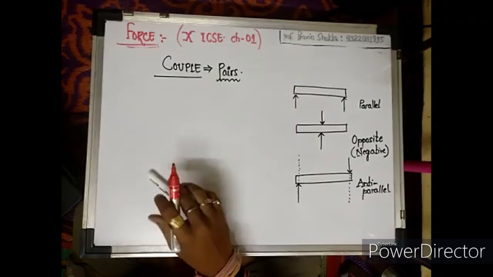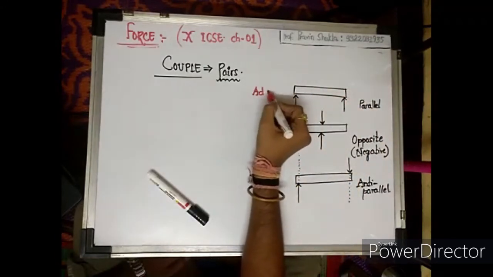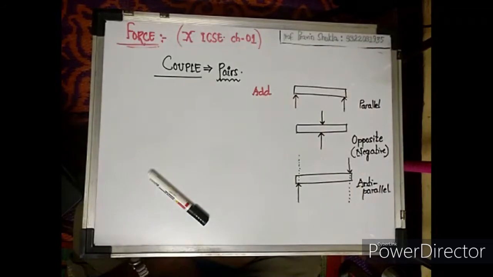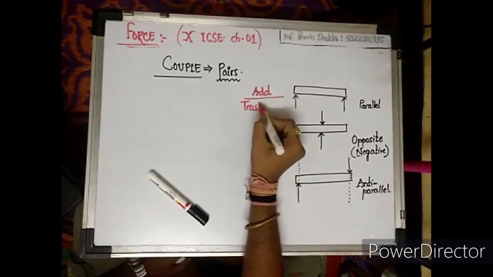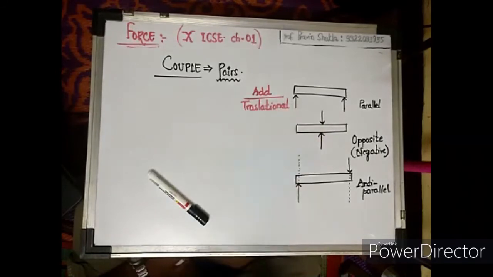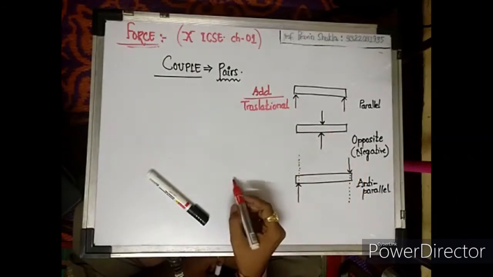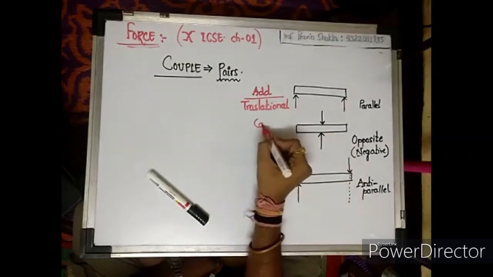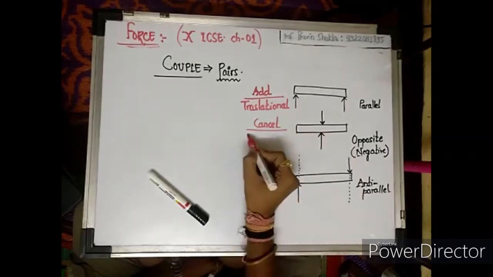Parallel forces add, and they create a translational motion, a translational effect, right? Opposite forces, negative forces, cancel each other, and there is no effect.